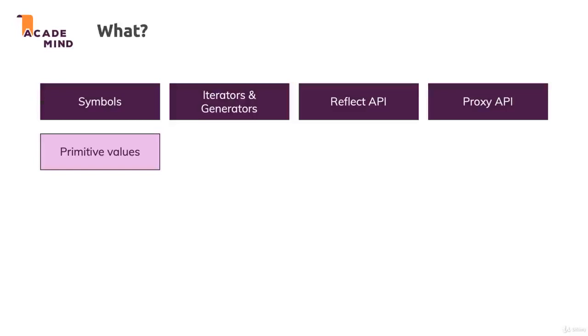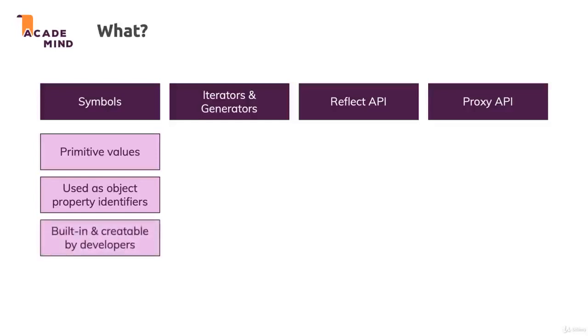You can use symbols as object property identifiers, as keys in objects, so to say, just like you can use numbers and strings there. There are built-in symbols, and you can also build your own symbols, and we'll see both in this module. And that's the unique feature, or the special feature about symbols. They guarantee uniqueness. Every symbol you build is unique.